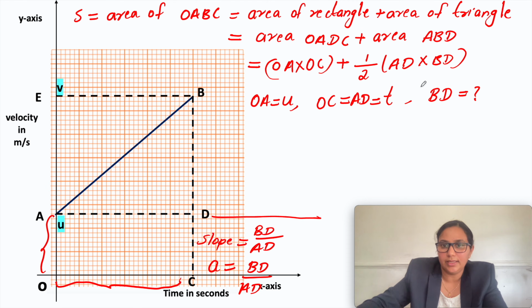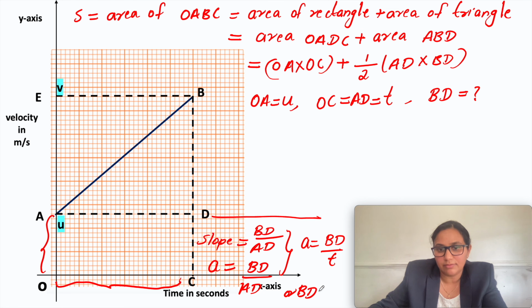But AD is equal to t, so a is equal to BD divided by t, or BD is equal to a into t.